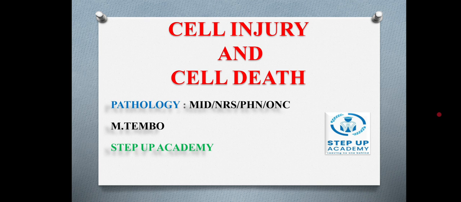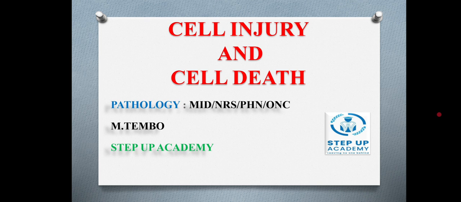Now, interestingly, today we'll be looking at cell injury and cell death. As a student studying the programs that I've mentioned, it's very, very important that you understand how cell death and cell injury take place, because most of the diseases that you see with your naked eyes, most of the symptoms or syndromes that you get to see, are a result of cell injury and cell death.